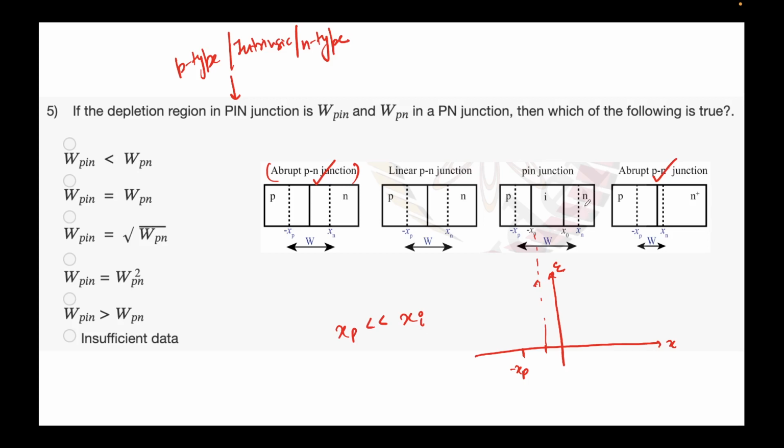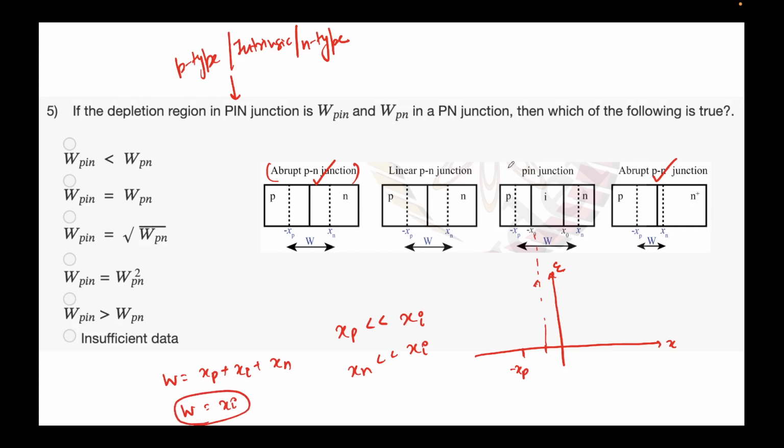Similarly, on the right side, n type is much higher doped than your intrinsic, so again xn will be much lower than xi. So what is the total depletion width? Total depletion width is xp plus xi plus xn. I can just drop xp and xn because they're much smaller than xi. So W will be equal to xi, the intrinsic length.